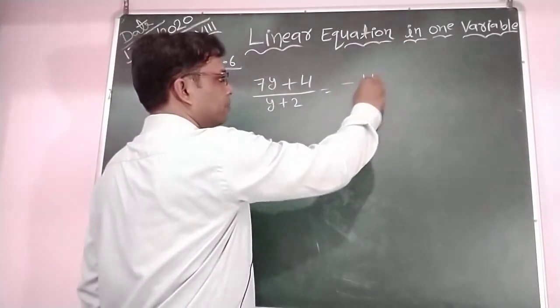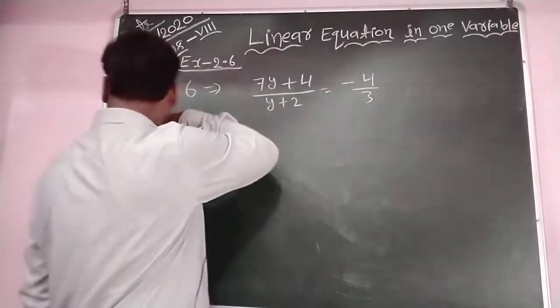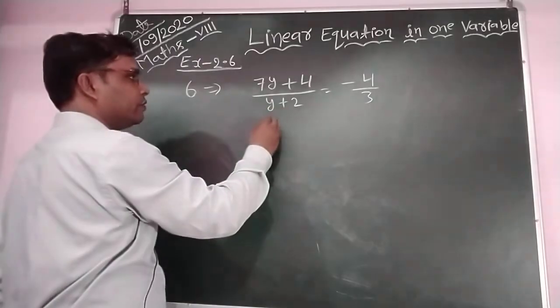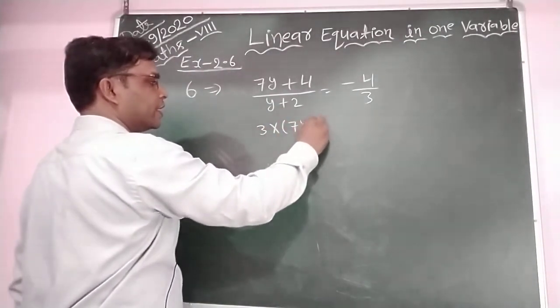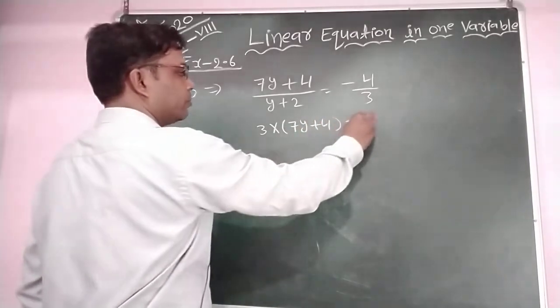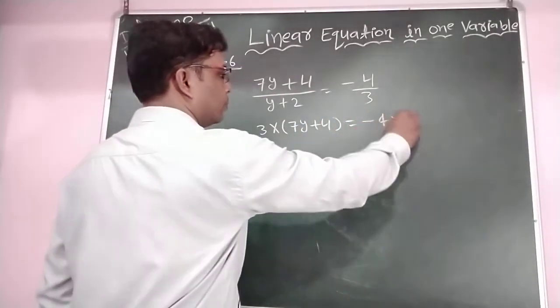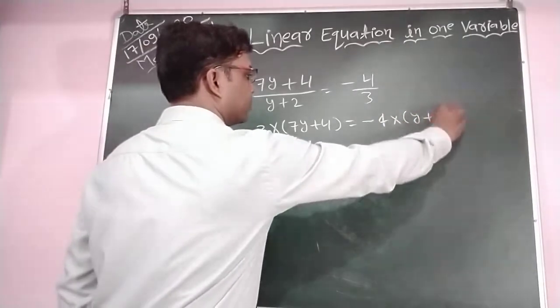Now we use the cross multiplication method here. So we have 3 into 7y plus 4 is equal to minus 4 into y plus 2.